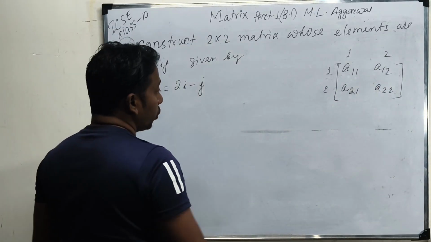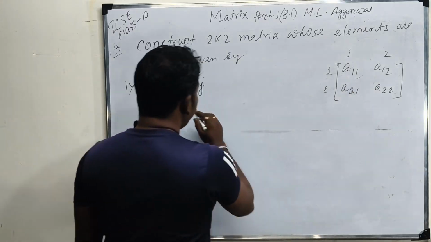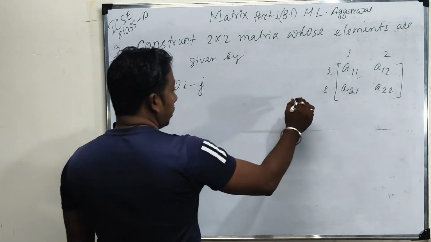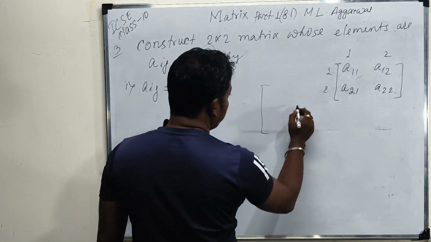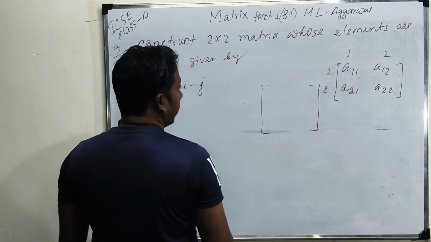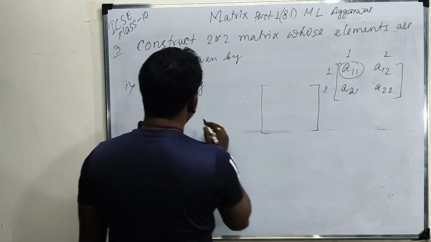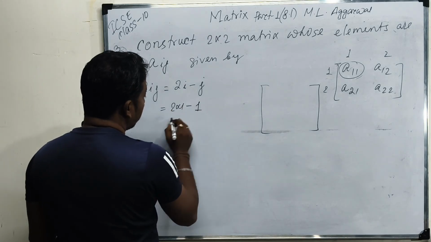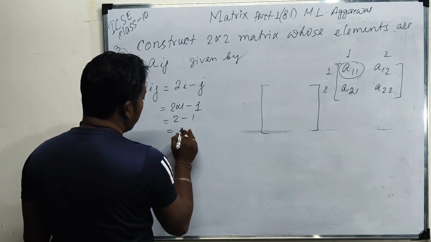Now we put the values and we get the value of Aij. For A11, just put i equals 1, 2 into 1, and j equals 1, that is 2 minus 1, which is 1.